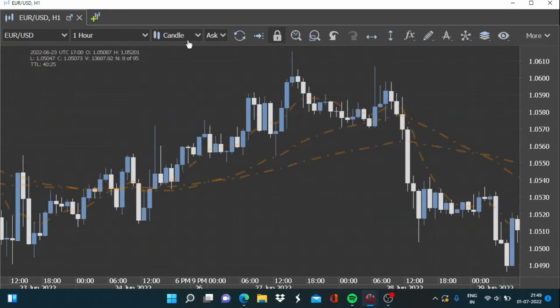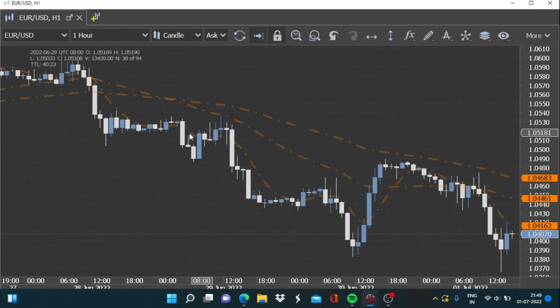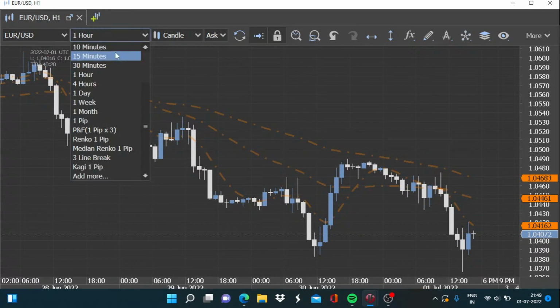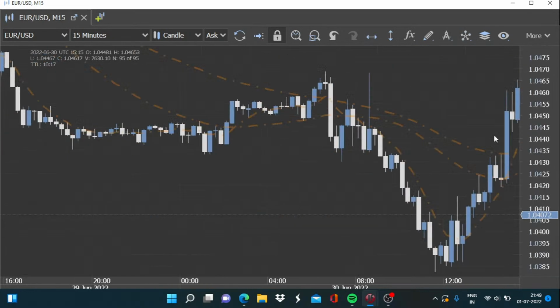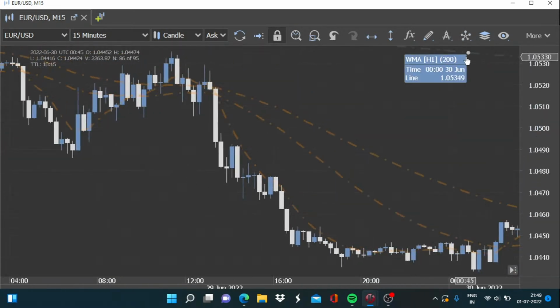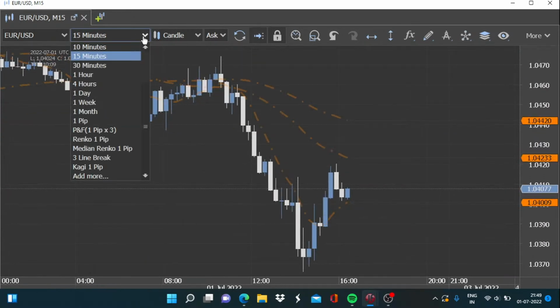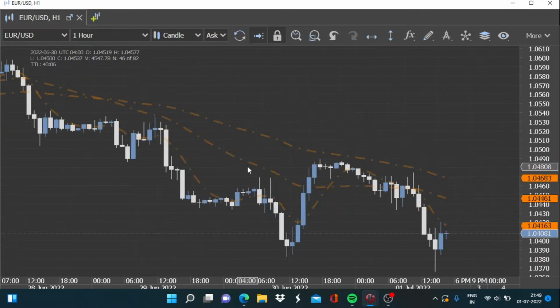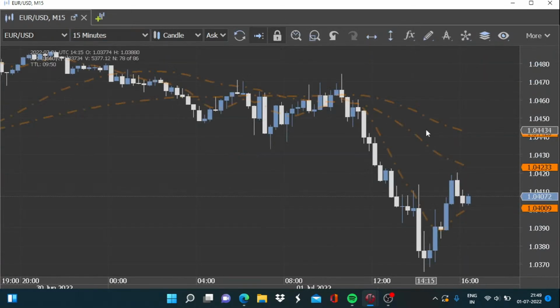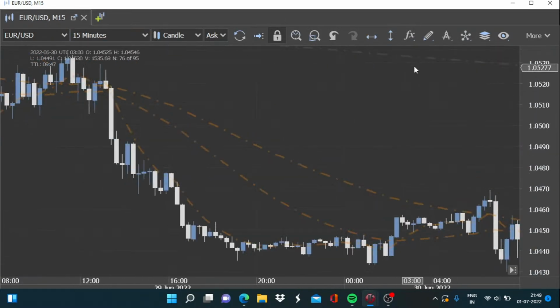Now let's consider that I have opted for 15 minutes, that WMA of 200 hours will be shown only on the 15-minute chart, and on other time frames, other candle periods, no plotting will be done of the 200 WMA. So that's how this system works. So whichever candle time period you want to look at, you want to use, you can do that and you can customize it. Now I will have to again go back to the 15-minute candle period to get that WMA. And here it is.